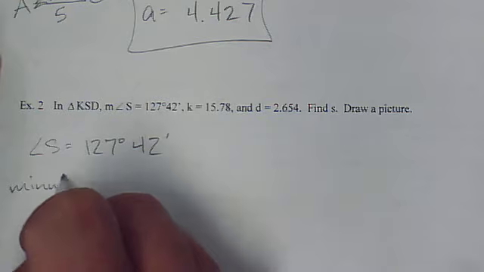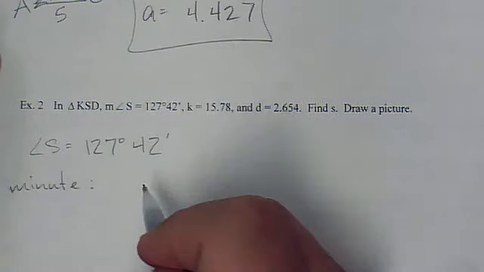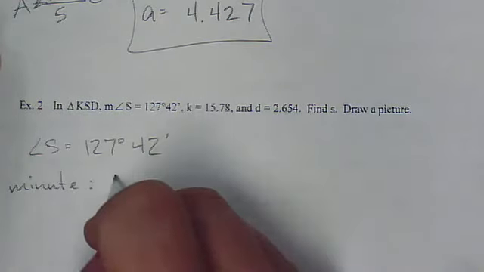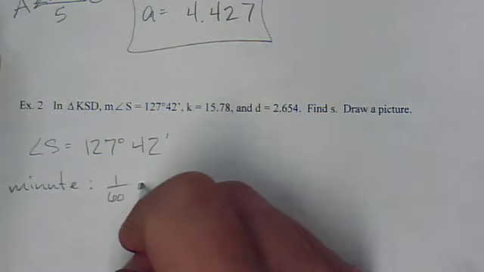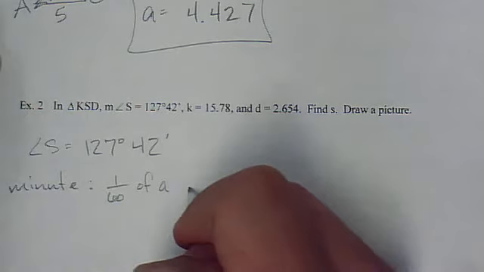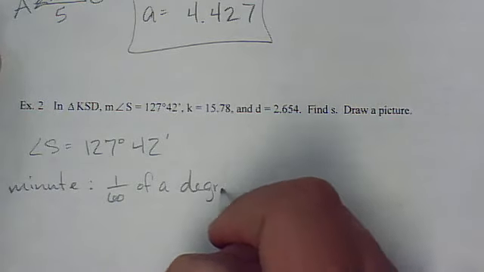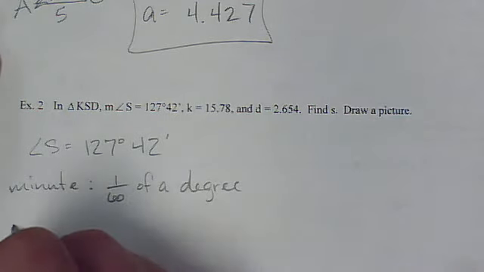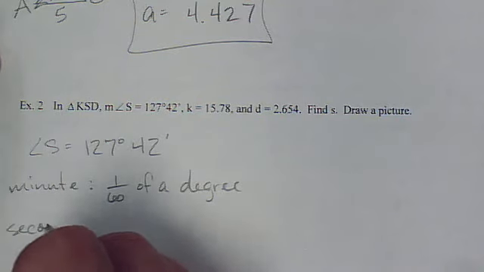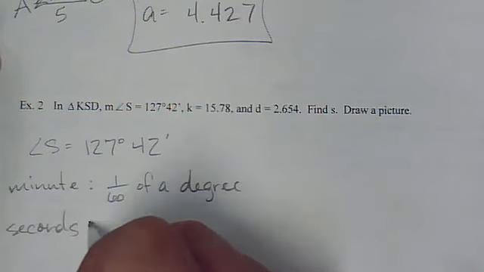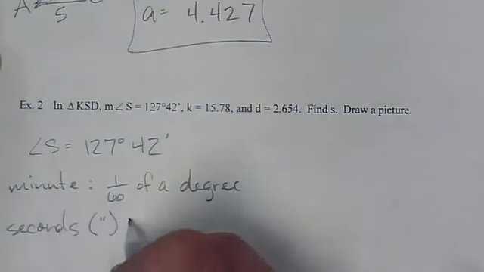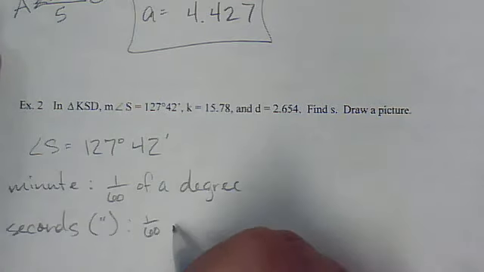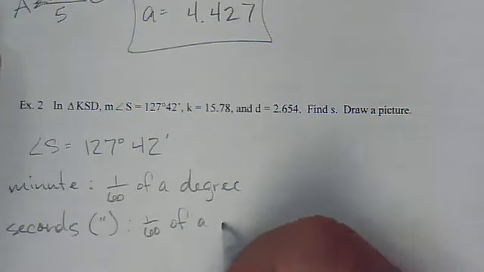A minute is just like a clock, just like the hours, 1/60th of a degree. And then you also have seconds, which you would use quotation marks to show seconds. A second is 1/60th, just like time, 1/60th of a minute.